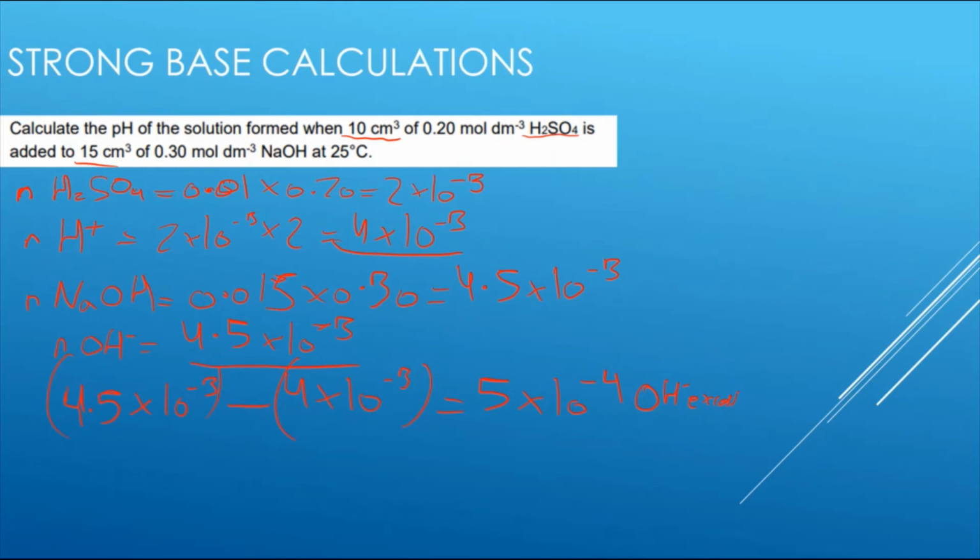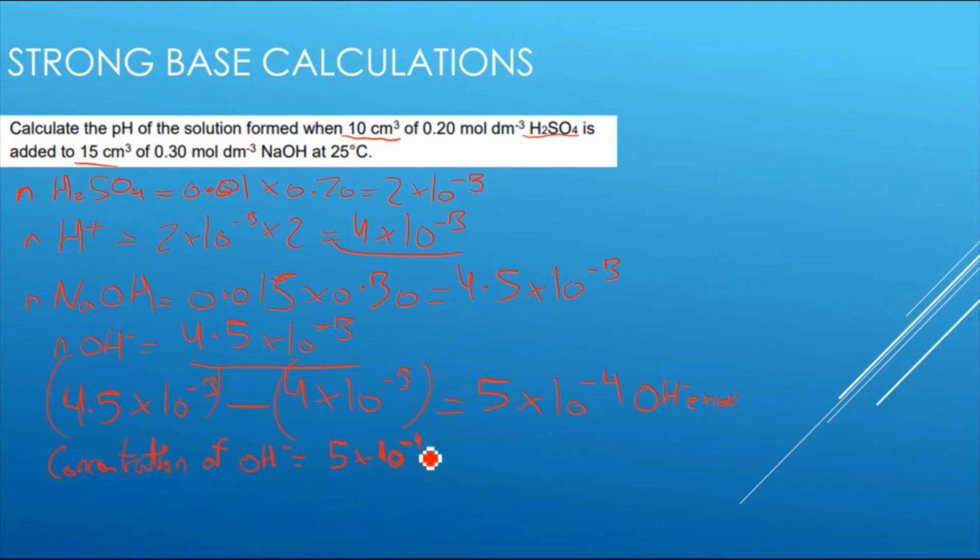So now we need to find the concentration of these OH minus, because remember, when we use the Kw equation, we can only put in concentrations. We can't put in moles. So we would find the concentration now. We're looking at the OH minus in excess, because a lot of the H plus and OH minus would have reacted together.